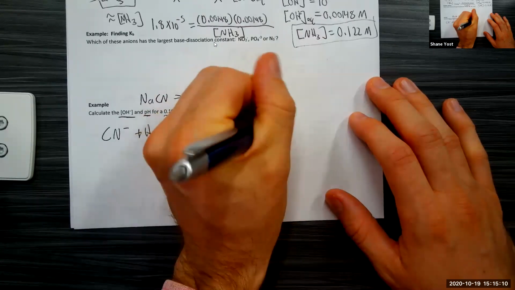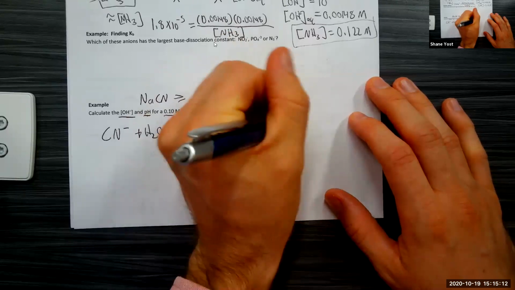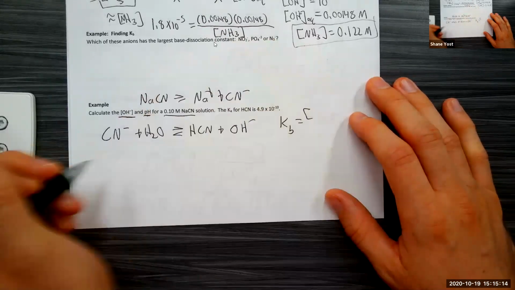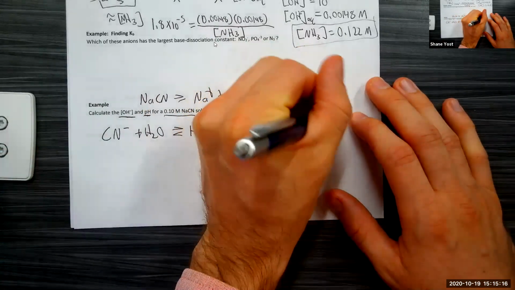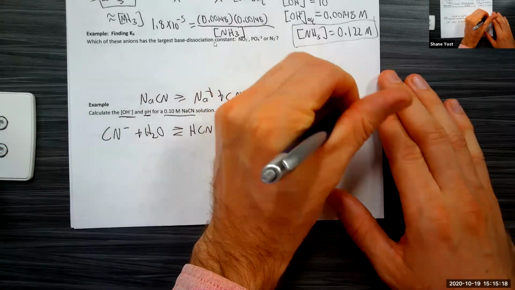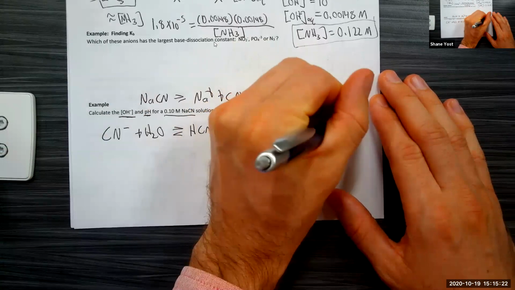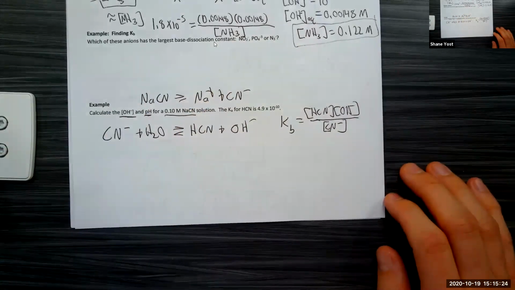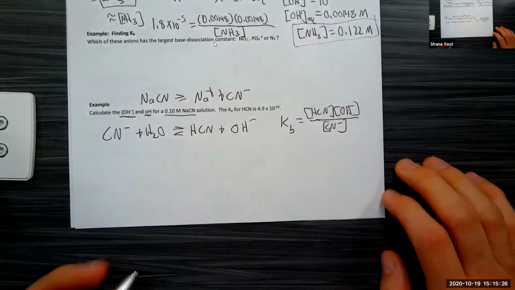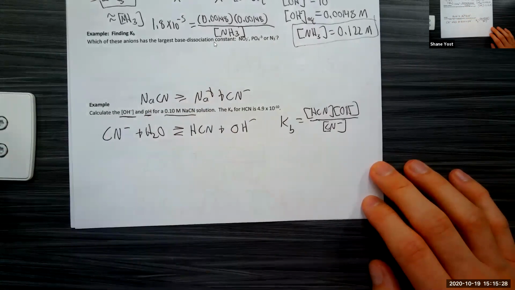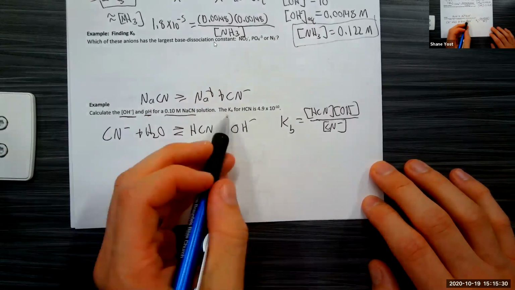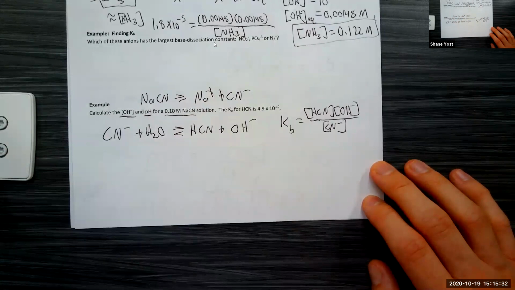It has a Kb equal to the concentration of HCN times the concentration of OH minus over the concentration of CN minus. Now for this problem, we aren't given the numerical value of Kb, but we are given the value of Ka. So how do I get Kb from Ka?